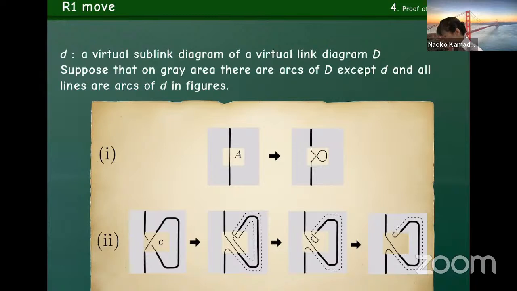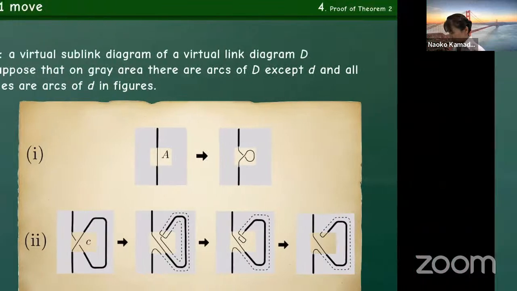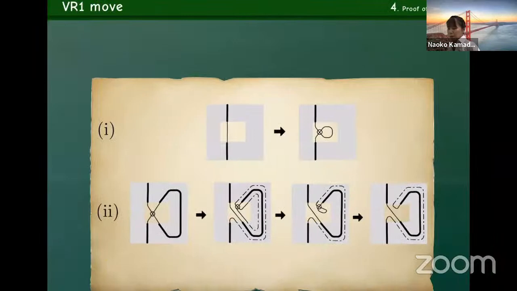Then we can eliminate the kink. So this is the R1 move. The VR1 move is similar, but we use a virtual finger move and a virtual detour move. So then we have the same result.